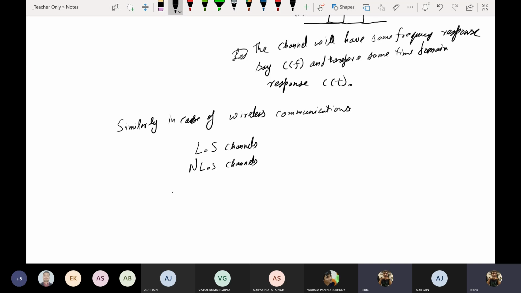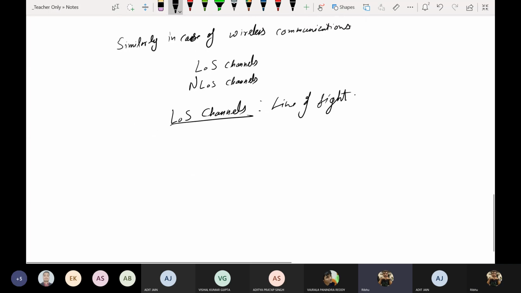When I say LOS, line of sight, transmitter, receiver, transmit from here, and the receiver can see the transmitter, and because of that it is able to directly pick up the wavefronts generated by the transmitter. This is called a line of sight link. We have discussed this.